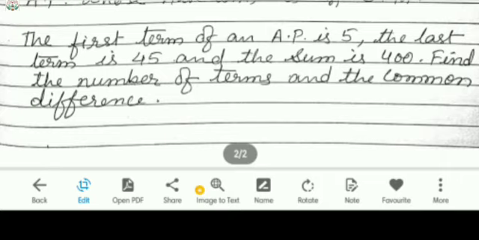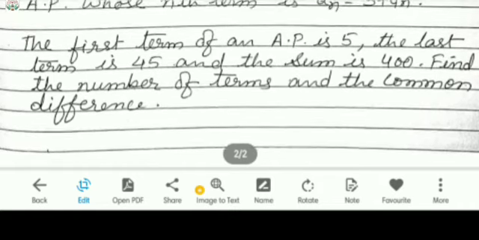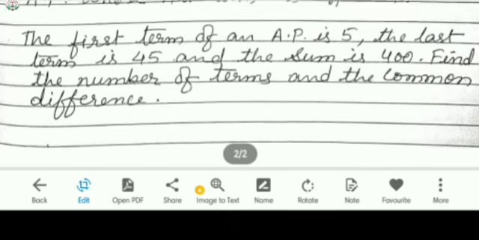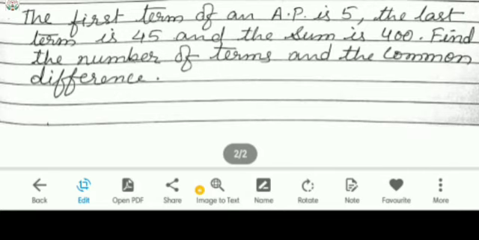Sn is given as 400. The Sn formula we know is n upon 2 into 2a plus n minus 1 into d. Here we do not know n, but we know the first term, which is 5, and the last term, 45.